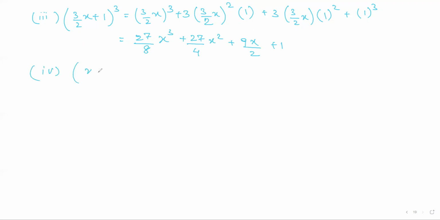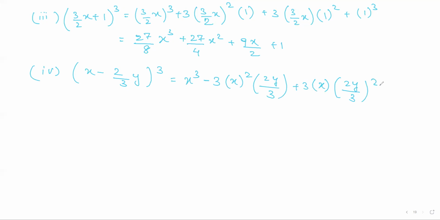Both, x minus 2 upon 3 into y whole cube. So a minus b whole cube formula will be applied over here. You will get x cube minus 3 times first term square into second term plus 3 times first term as it is into second term whole square minus 2y upon 3 whole cube.